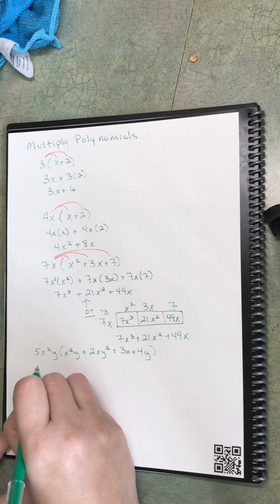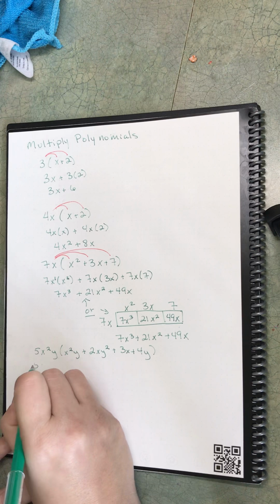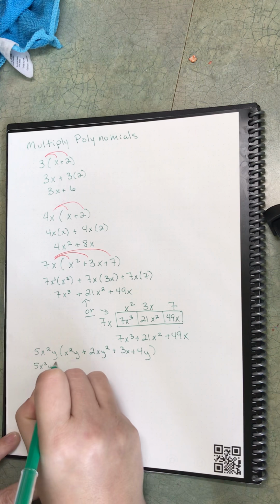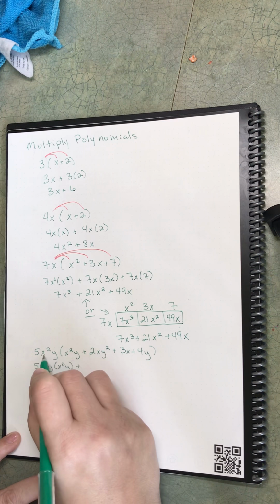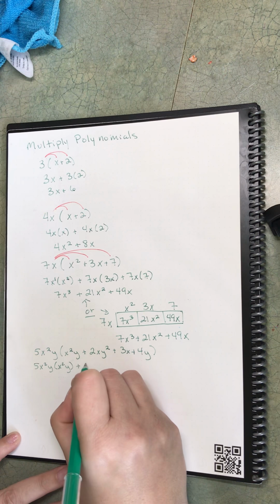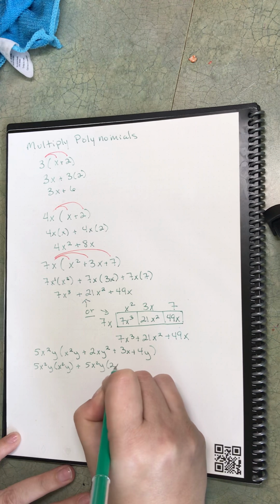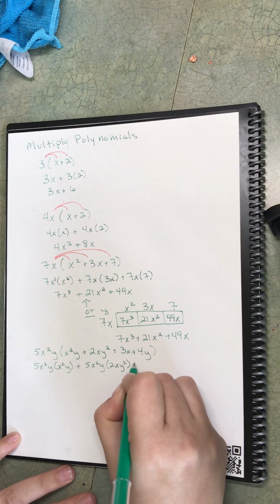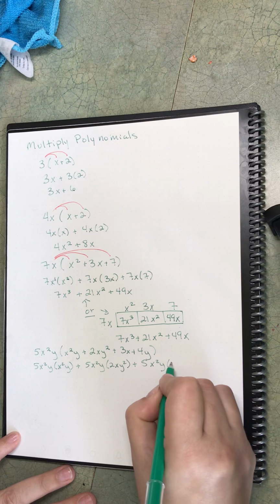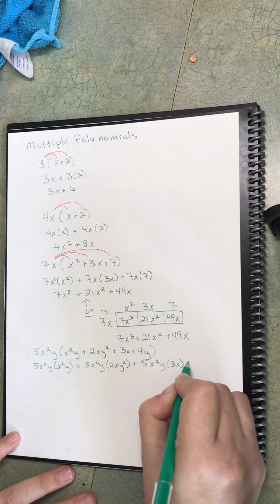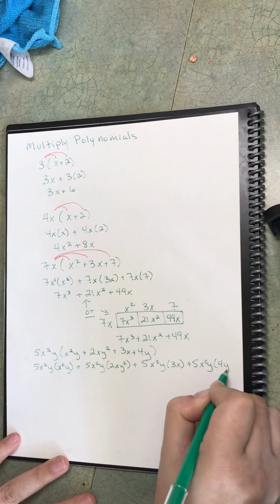All right, so 5x squared y times my first term plus 5x squared y times my second term plus 5x squared y times my third term plus 5x squared y times my last term.